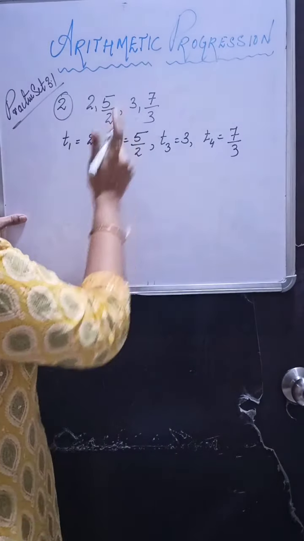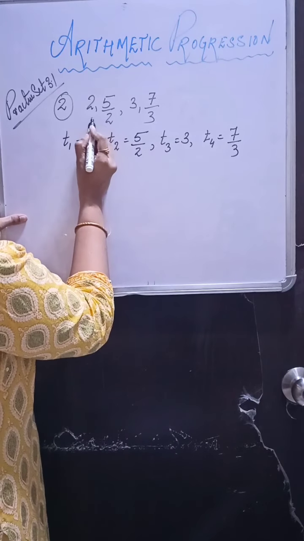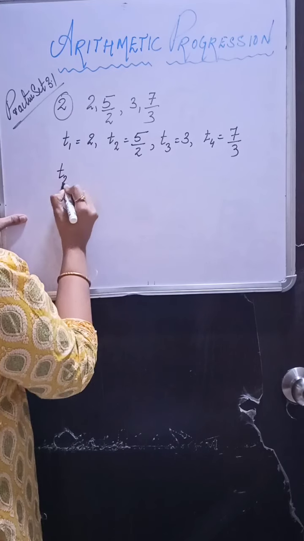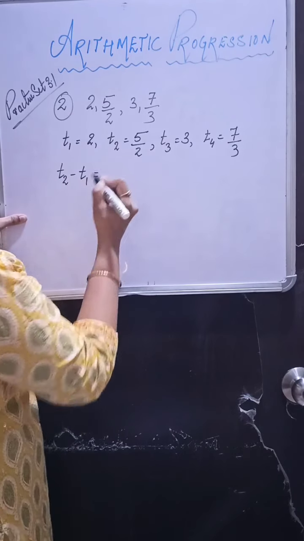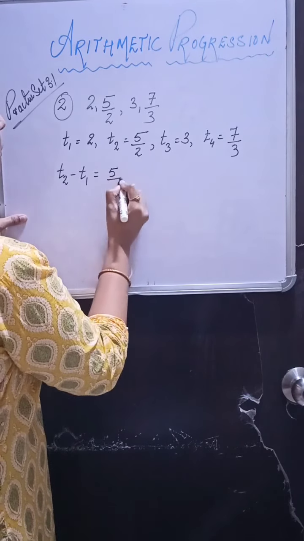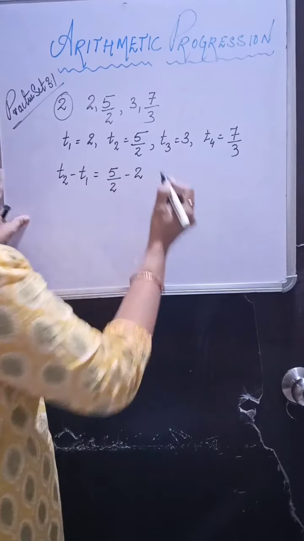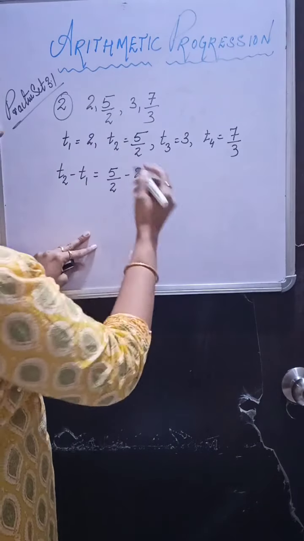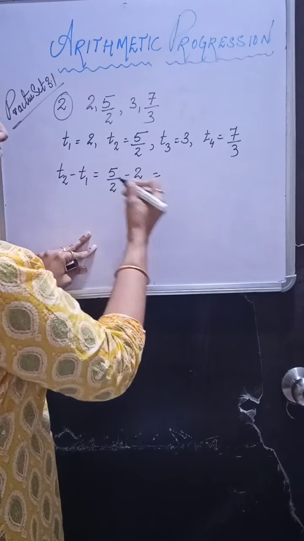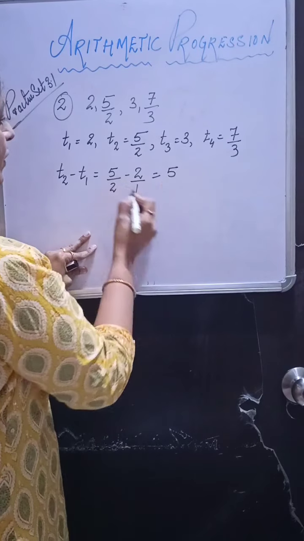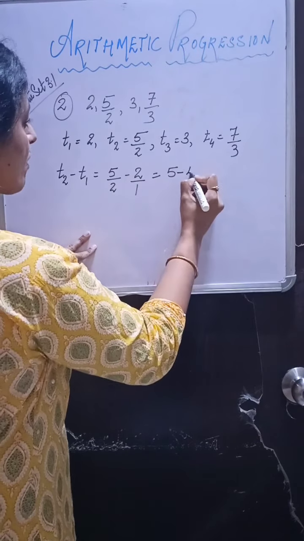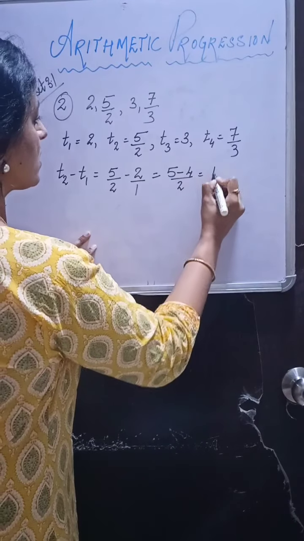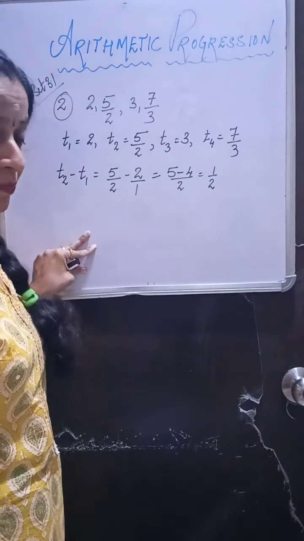So T2 minus T1 is 5 upon 2 minus 2. I will do cross multiplication: 5 minus 2 into 2 is 4, upon 2, which is equal to 1 upon 2.